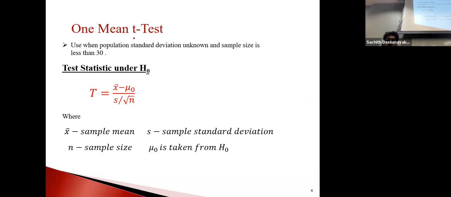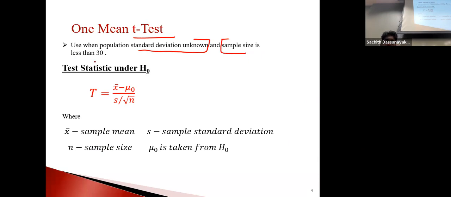In this one mean T test, we use it when the population standard deviation is unknown and sample size is less than 30. That's the place we are using the T distribution.